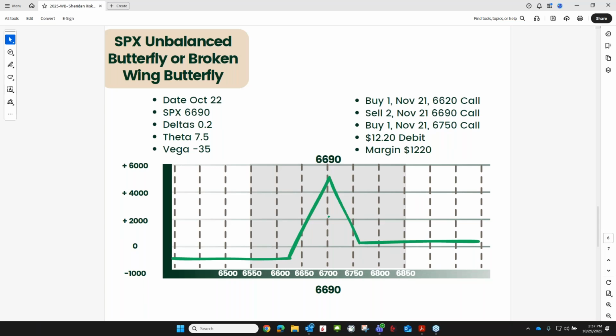So what are the conditions where I would do the opposite of an iron condor or butterfly? When would I do it? When there's catalysts on the board that could move the market, number one, which there is in the next 2 days, FOMC and the interest rate.